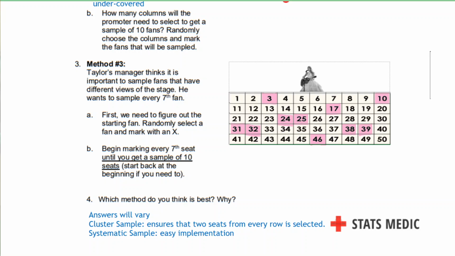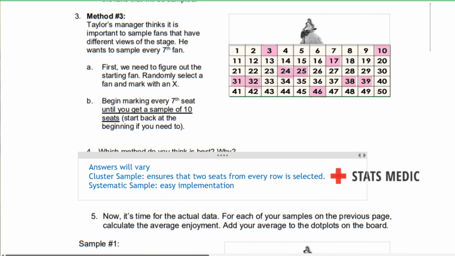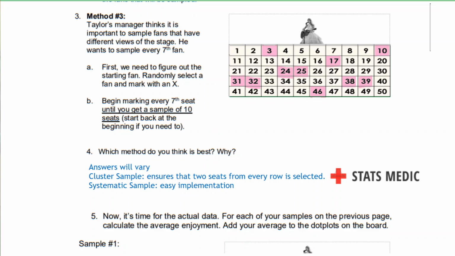Systematic sample has its virtues because it's easy to implement and you don't even really need to number all the seats. You can just count in your head, count 7, the next 7, the next 7, etc. We did have to use some kind of randomization, though. We did have to randomize where we started. So don't think that it's going to be necessarily a convenience sample.